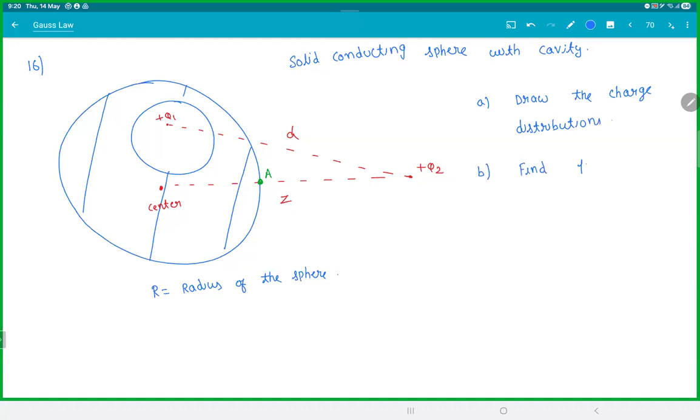Second thing, find the force between Q2 and the induced charges on the inner surface of the cavity.